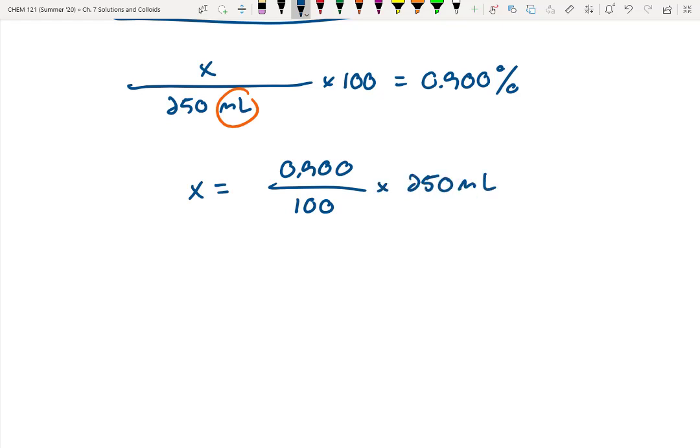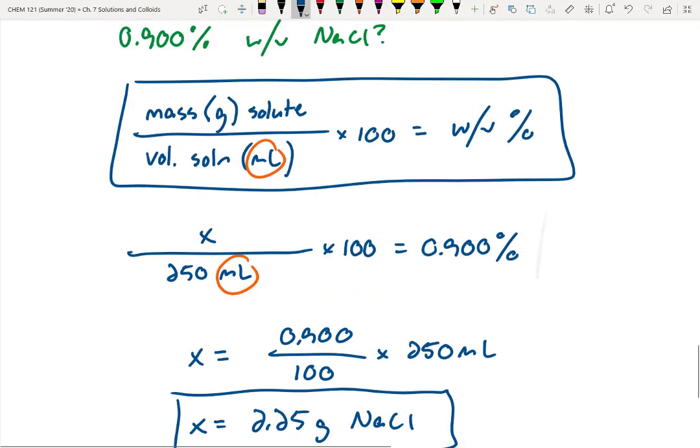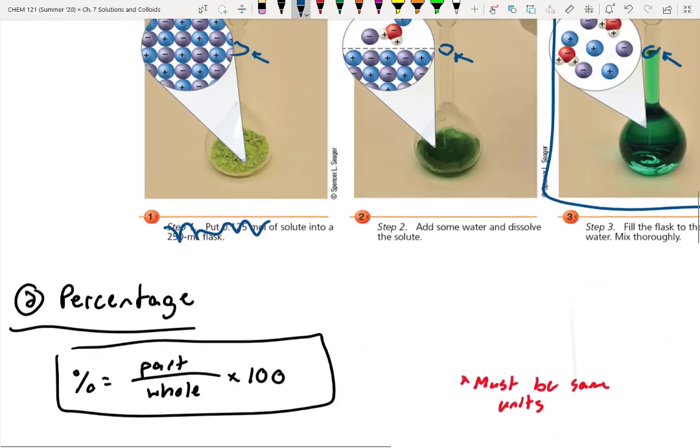If you go ahead and do this, we need 2.25 grams of sodium chloride. And just like I showed you in that volumetric flask picture above, we would add this to our volumetric flask and then dilute up our sample volume until we hit 250 milliliters in a volumetric flask, kind of like we saw up here.